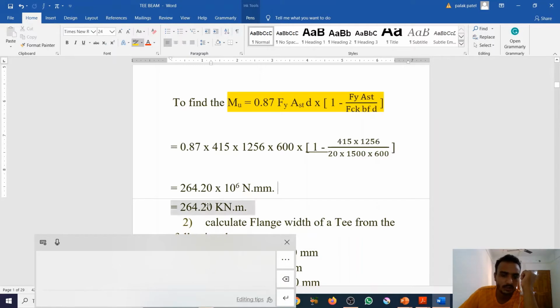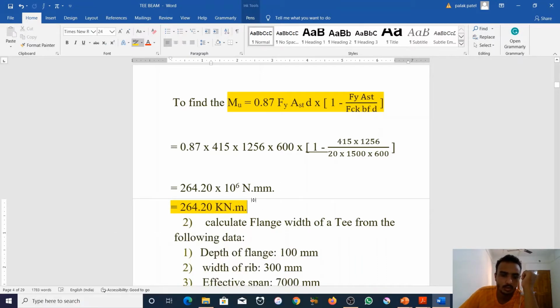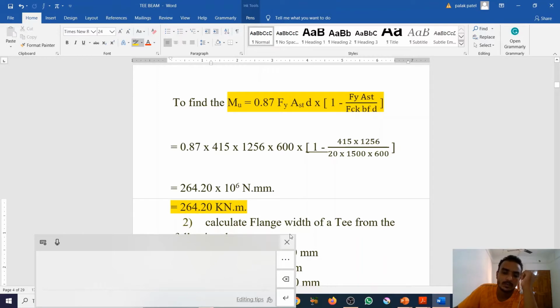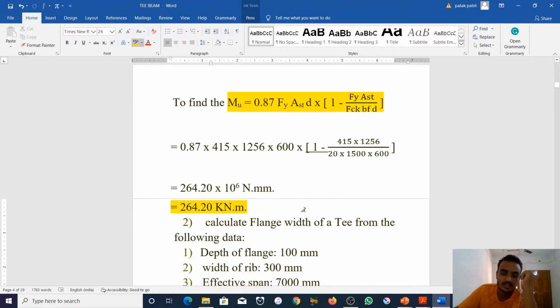After the calculation we got a value 264.20 kilonewton meter. So 264.20 is the moment which can be resisted by the beam.